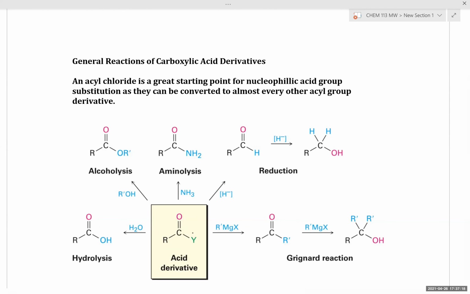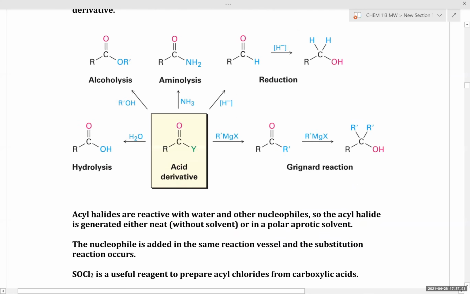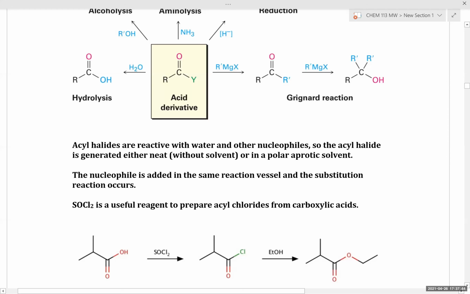These are really great starting points for acyl substitution and carbonyl substitution, as due to their substantially great reactivity, these acyl halides and acyl chlorides can react with a range of nucleophiles to generate a range of carbonyl derivatives. One thing to note, acyl halides are quite reactive with water and other nucleophiles, so they're either generated neat or in an aprotic non-nucleophilic solvent.